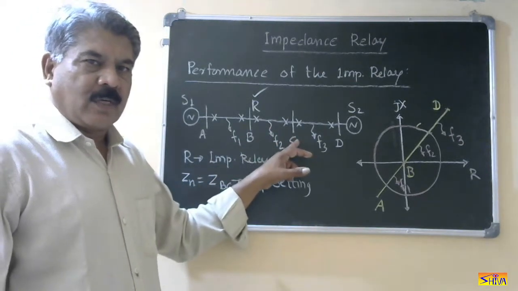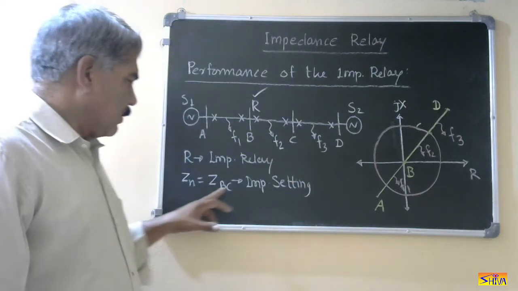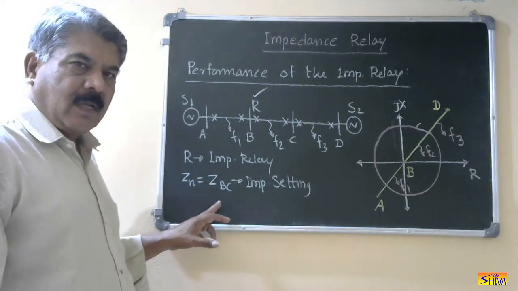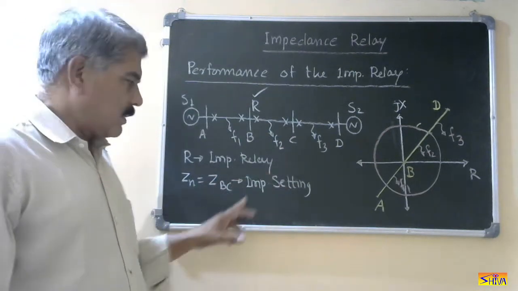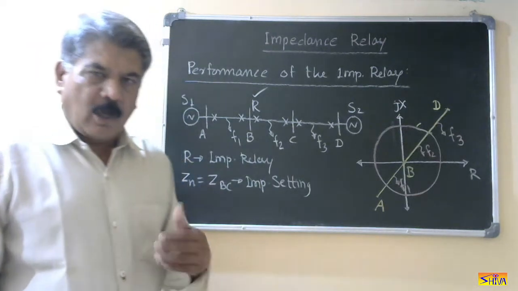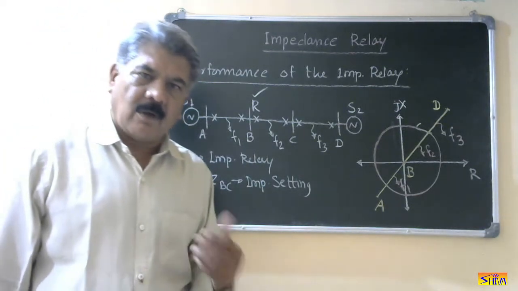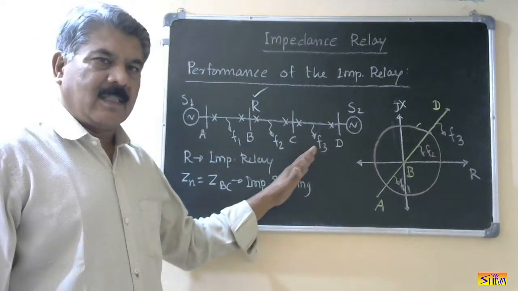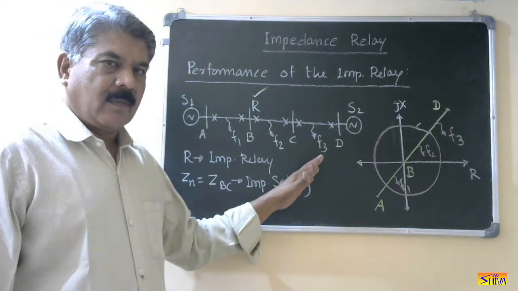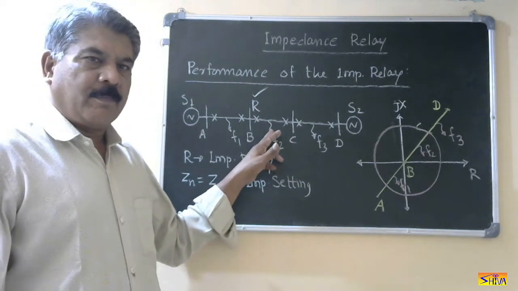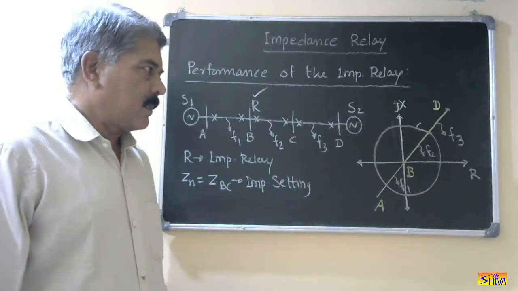So the impedance setting Zn of this relay will be the impedance of the line, that is ZBC, and that is the impedance setting. In all my further discussions, when we have to check the performance of the relays, I will take this standard system, and I will always consider the relay at point B.